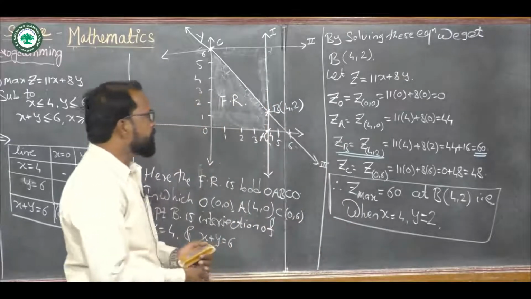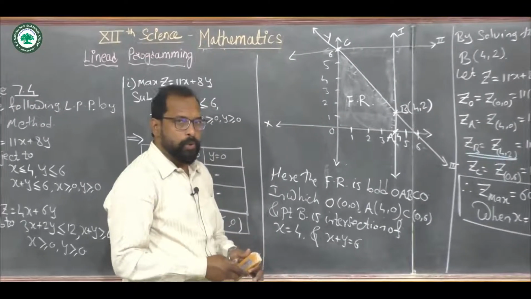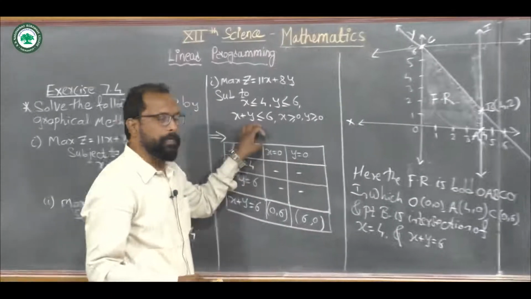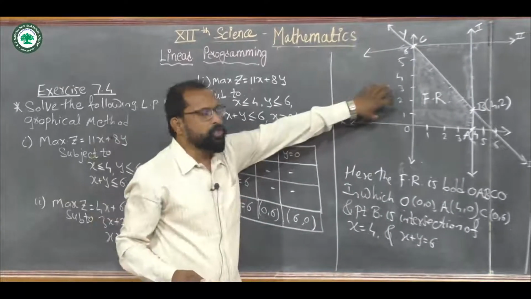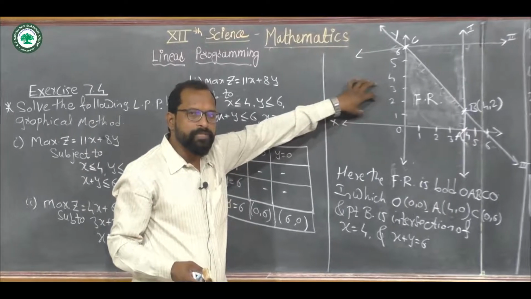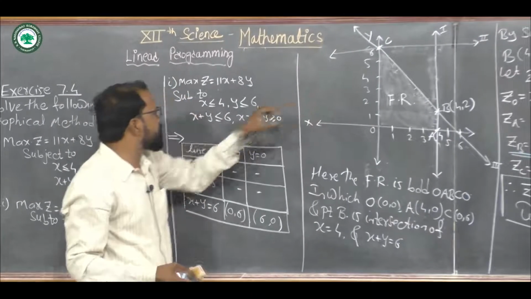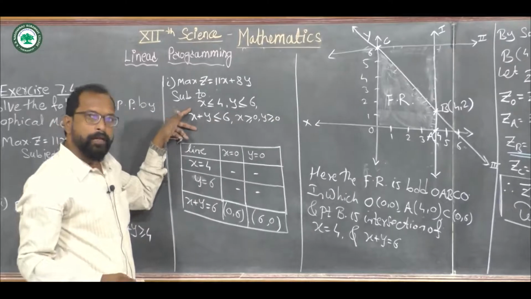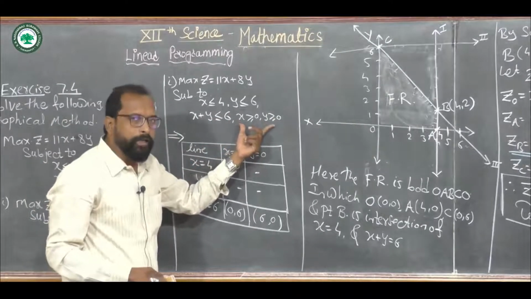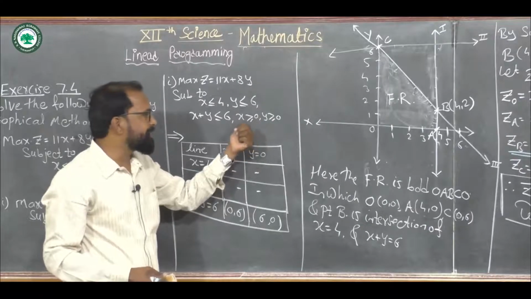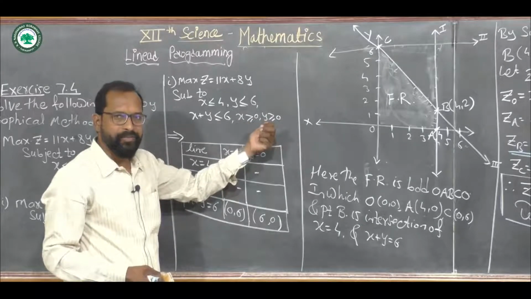Now again, see here, to find the solution of a given LPP, first we find the feasible region for the constraints. And in an LPP, there are always the non-negative constraints, that is x is greater than or equal to 0 and y is greater than or equal to 0.